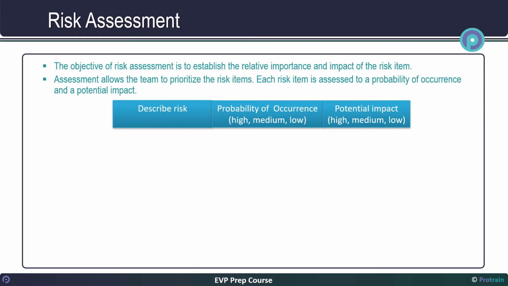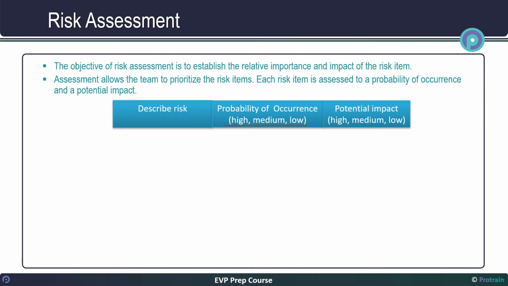This scale can be in terms of high, medium, low scale. Other more refined scales such as 1 to 5, or 1 to 10 can also be used. The high, medium, low is easy because individuals and teams can come to a quicker decision on assessment with a more compact scale.